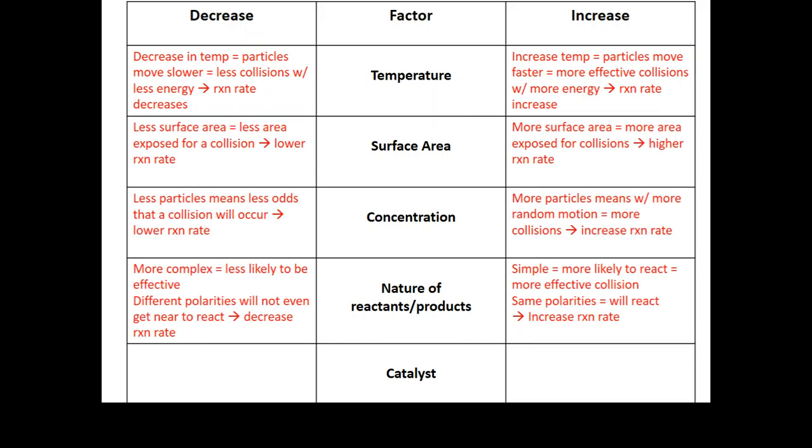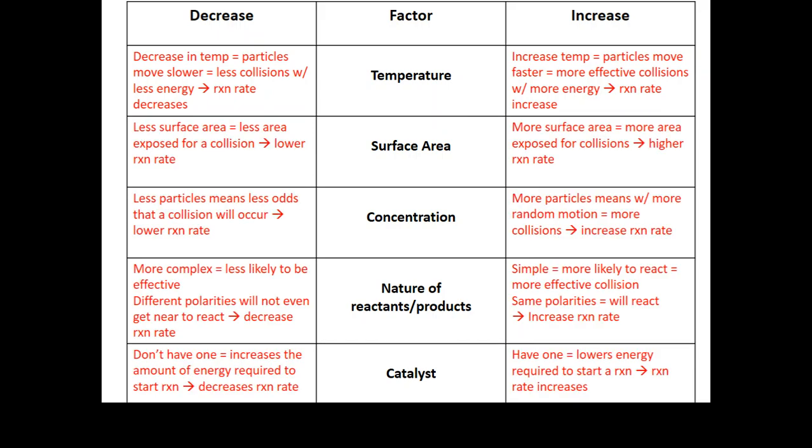Okay, so in order to change these items here, temperature, okay, increase or decrease. Again, when you decrease temperature, the particles move slower, therefore they have fewer collisions with less energy, therefore our reaction rate is going to decrease. Just the opposite, and you can see that our reaction rate will actually increase.